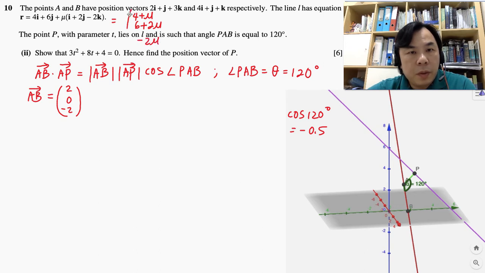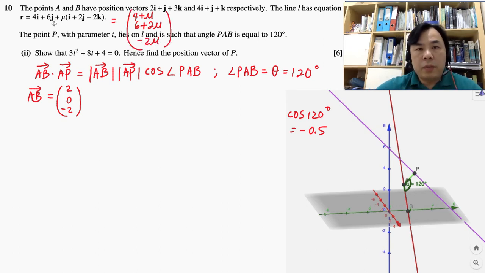So because this can be written in this compact form, there is a position vector P somewhere lying on the line L that can be given by this position vector.